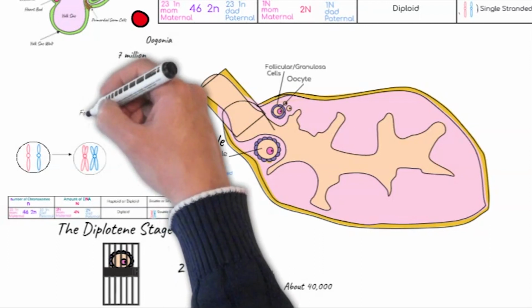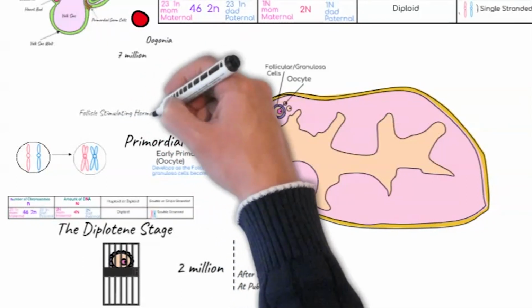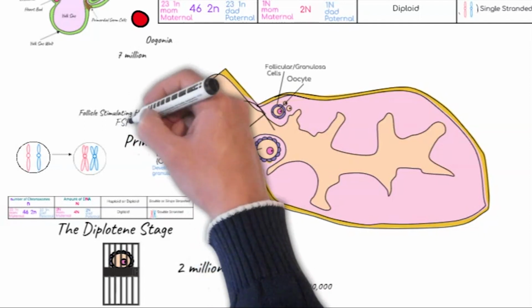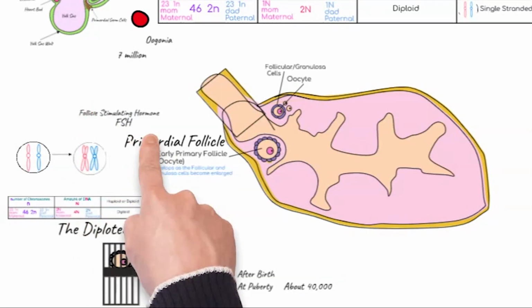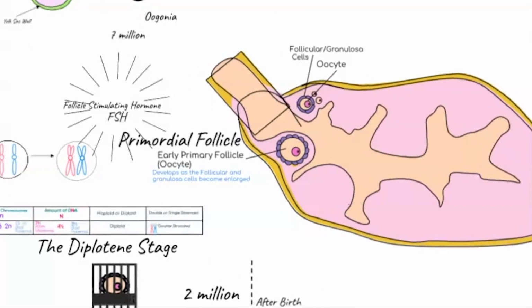Okay? At puberty, when the ovarian cycle or the menstrual cycle starts, a hormone called follicle stimulating hormone. You see that? Follicle. We have a primordial follicle now. So you have a follicle stimulating hormone, FSH.